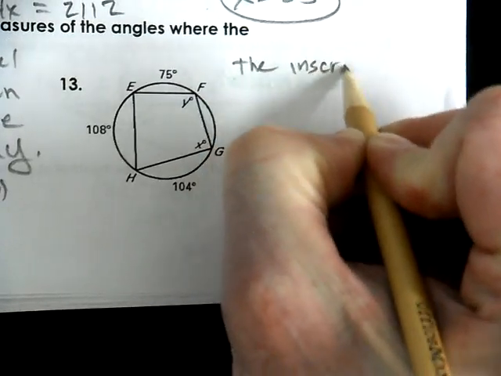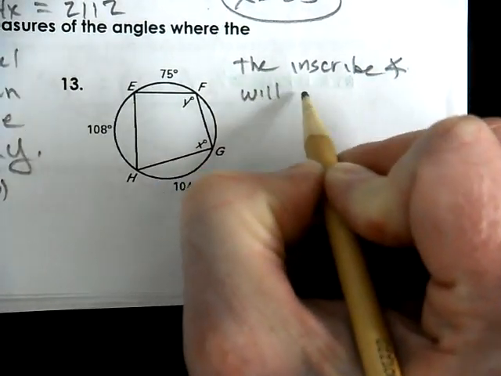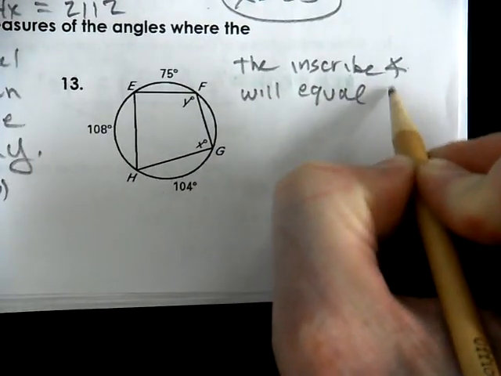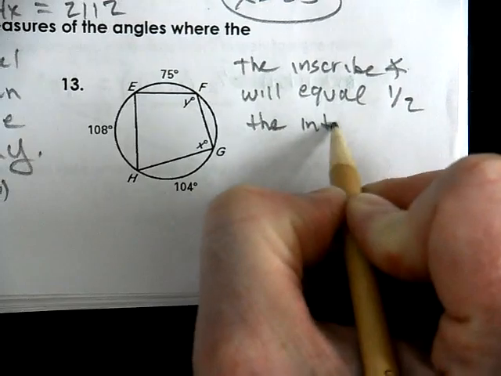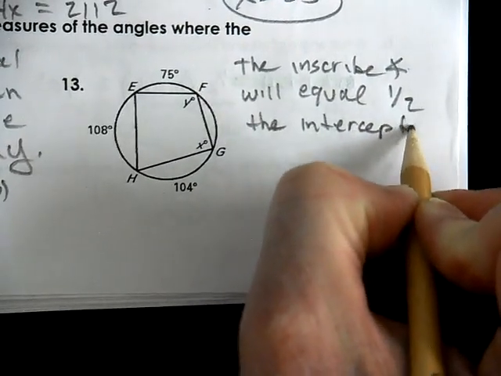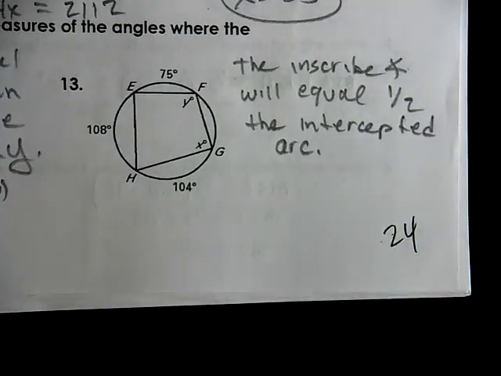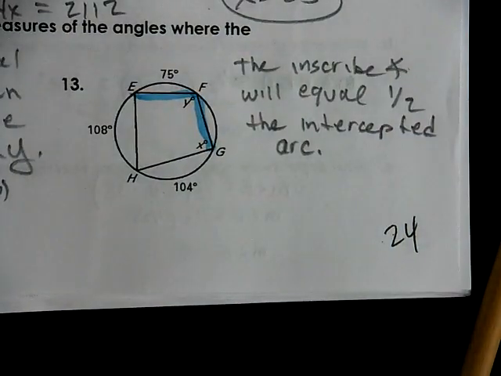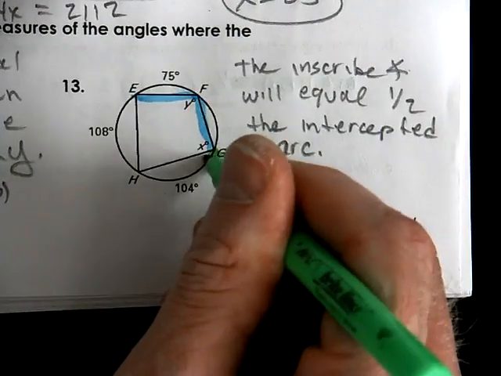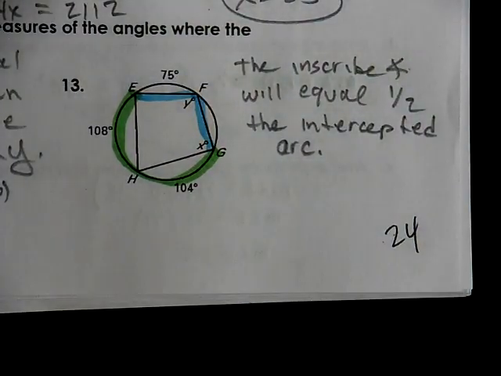The inscribed angle will equal half the intercepted arc. So Y is going to be half of the intercepted arc.